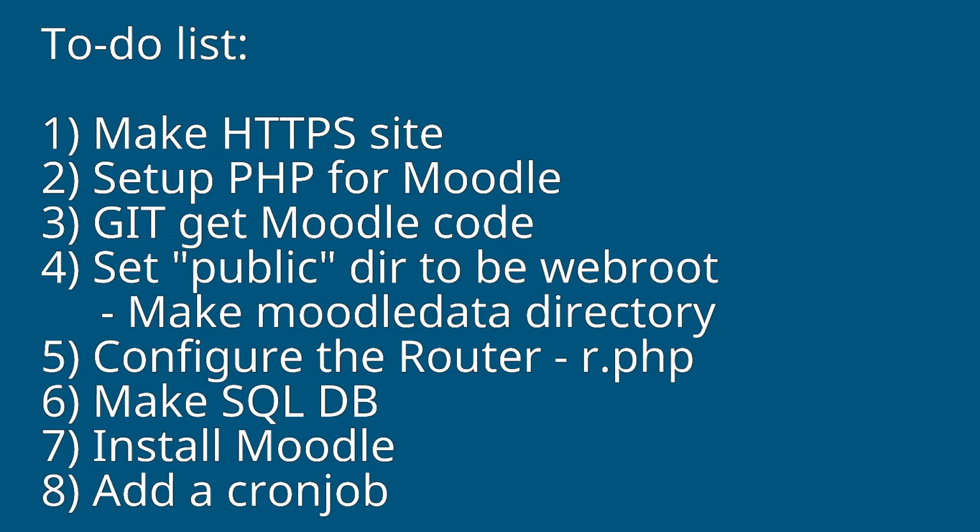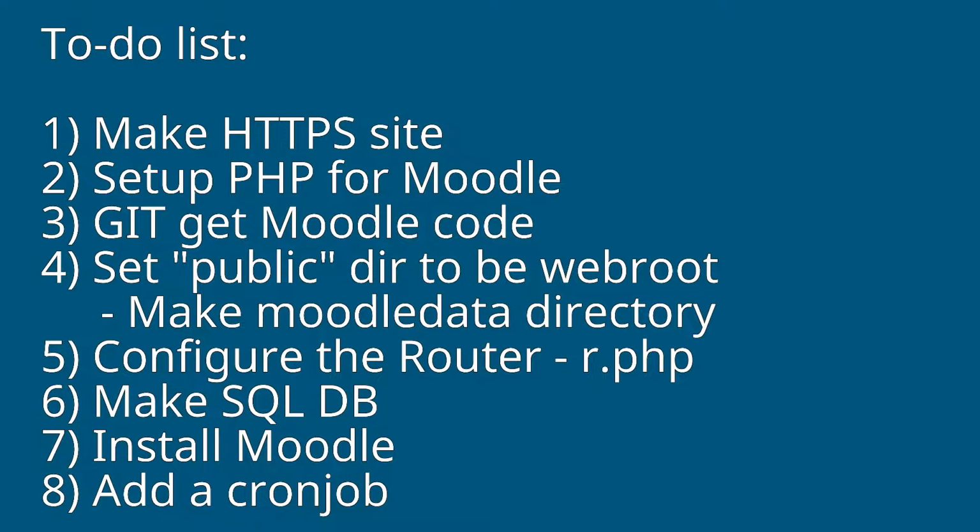And so I'm going to actually look at that, but I'm going to skip forward to step 6. I am doing these out of order, I know. Don't care. I'm going to step forward to step 6 because making the SQL database is better to do before I try to install Moodle, step 7, which will happen straight after I've done step 4. Out of order, sorry. Should have thought about the order better, but anyway.